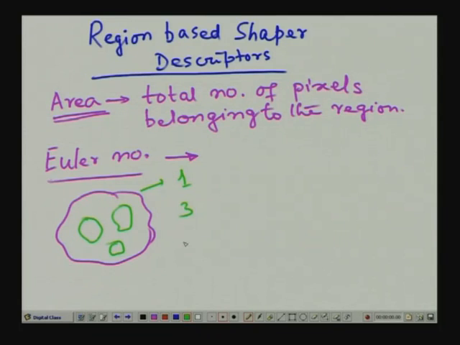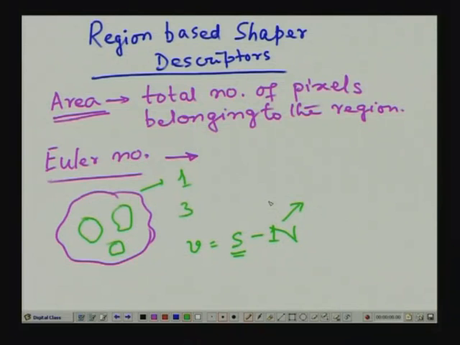So, the Euler number is defined like this. Euler number is equal to S minus n, where S is the total number of connected components of this particular region, and n is the total number of holes in this region.